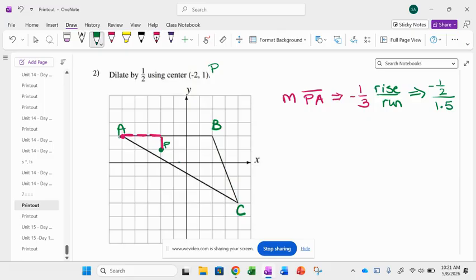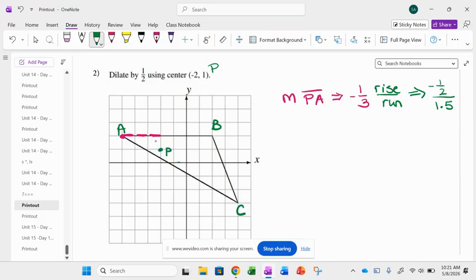So now what I'm going to do is go, from A or P, it doesn't really matter, up 1/2 and then left 1.5.